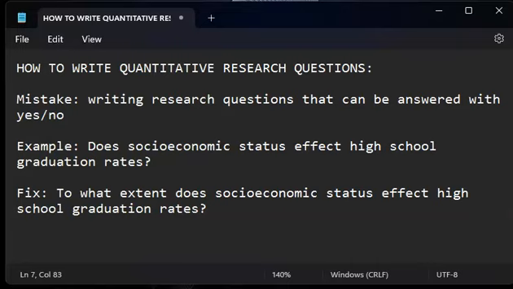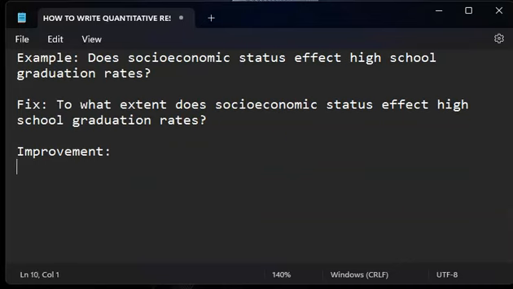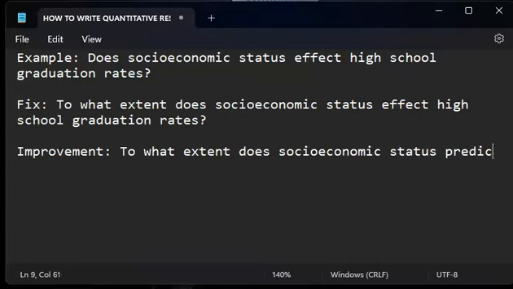So if I had to revise this research question further, I might use slightly different words. I'll say, to what extent does socioeconomic status predict high school graduation rates?